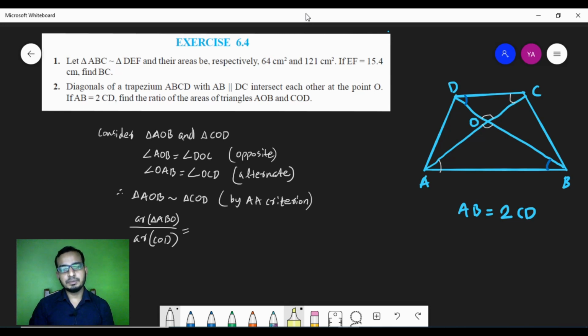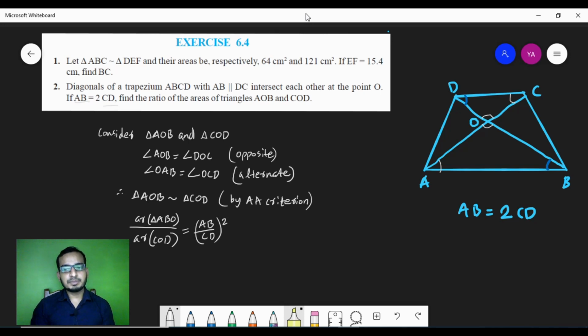But we don't have to take all three pairs of corresponding sides, as we have a target, so we take only the corresponding sides AB and CD. They are corresponding, right? They are opposite to equal angles. So we write this ratio of areas is the same as AB by CD, all squared. That's enough.